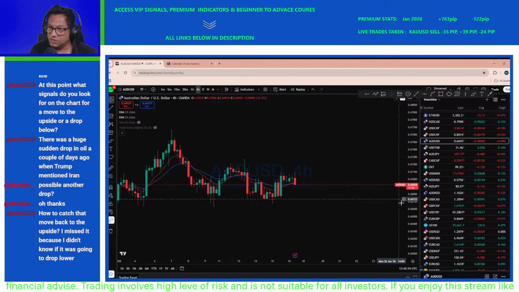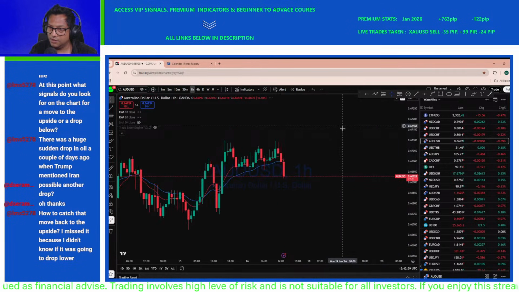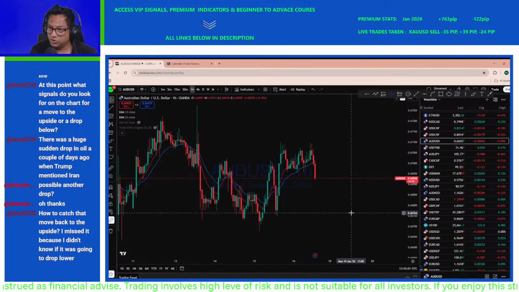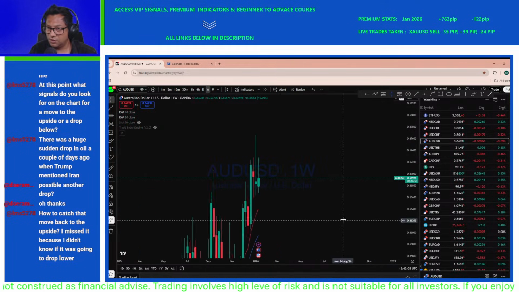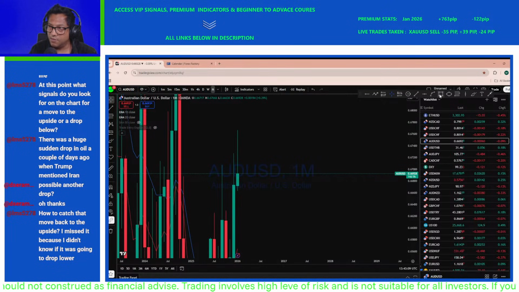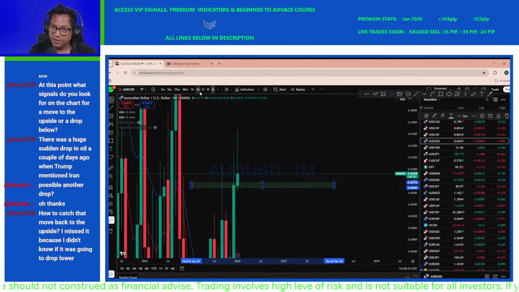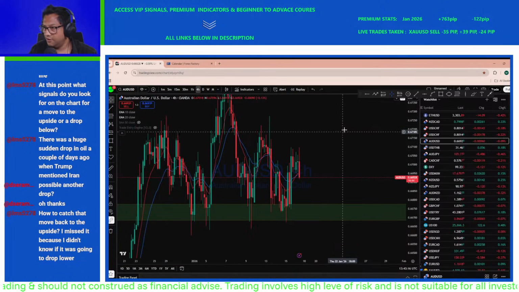From the intraday we can see there is a break below, the market has left an imbalance, breaking out of the structure. AUD USD, I think from the weekly we could still see that bullish market. The market is approaching that monthly support level where the price may eventually bounce off this level here.